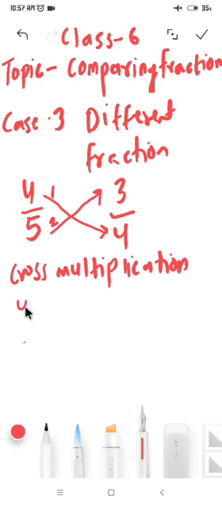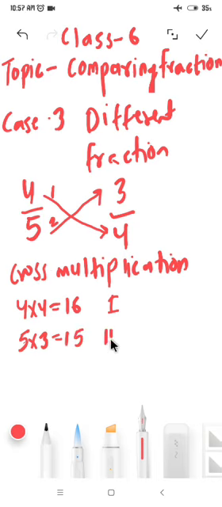Okay. Now look at here. 4 into 4, 16. Okay. That is the first fraction value. And 5 into 3 is 15. Okay. This is the second fraction's value if you are using the cross multiplication method.